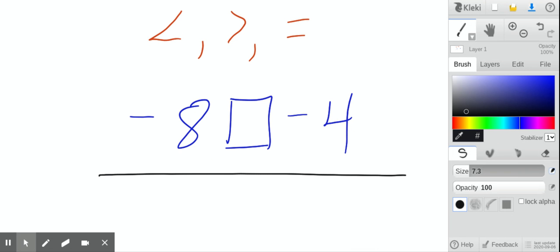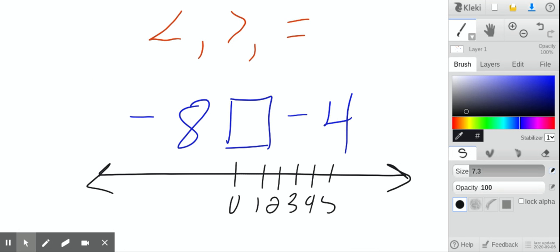So if we were to look at a number line, we have 0 in the middle, we have our positives on the right side, we have our negative numbers on the left side.